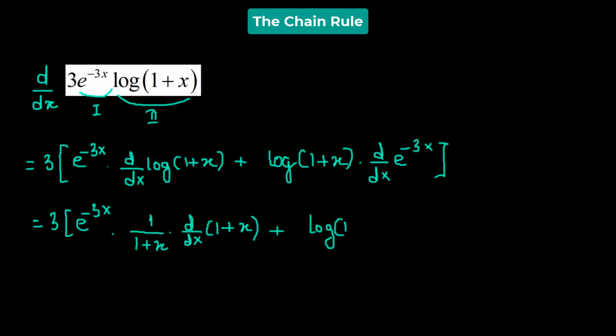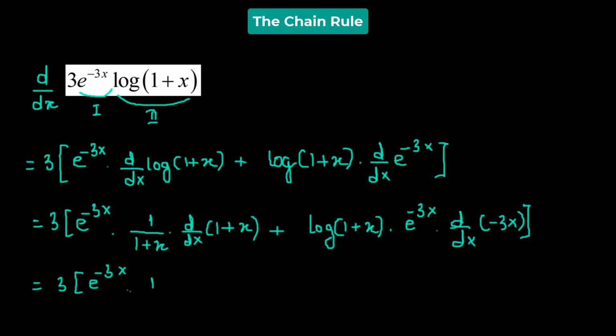plus log of 1 plus x multiplied by the derivative of the exponential function, which gives us the exponential function itself multiplied by the derivative of the assumed function x, which is negative 3x. So that gives us finally 3 times e raised to the power of negative 3x multiplied by 1 over 1 plus x.